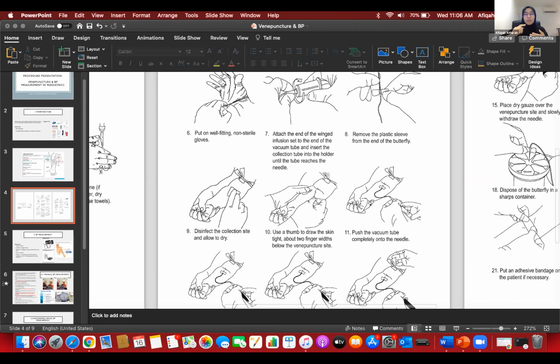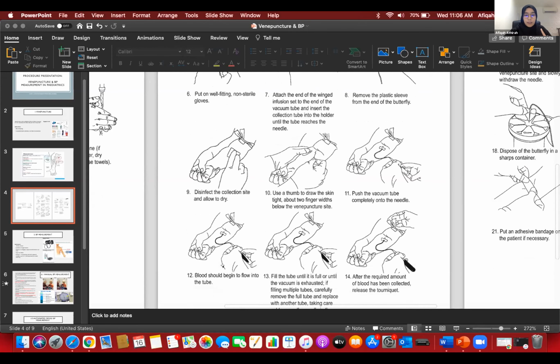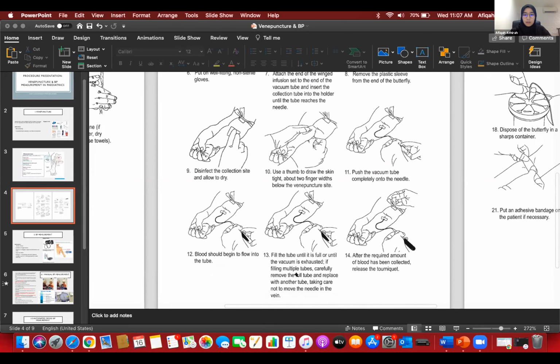But in children, no, a 15 to 30 degree angle or nearly flat is good to go. Then we push the vacuum tube completely into the needle and we wait, and when the needle is in the vein, we should be able to observe the blood flow into the tube. After the vacuum is full, we can withdraw the needle.